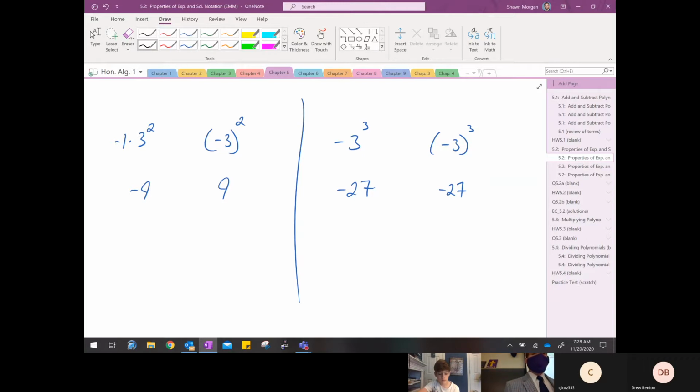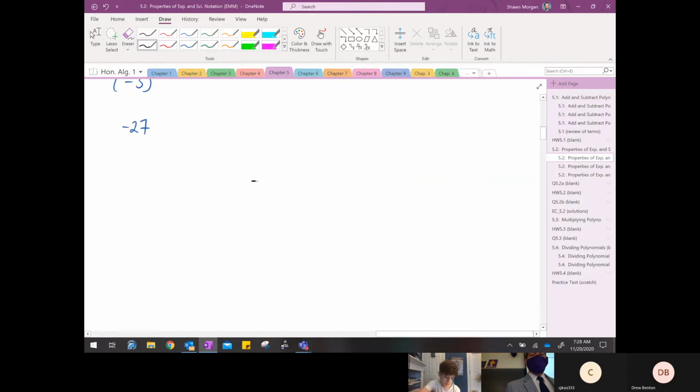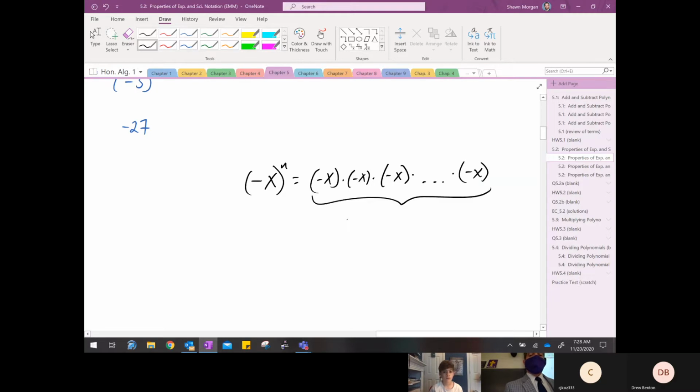So for example, if I said negative x to the n, that's negative x times negative x times negative x times dot, dot, dot times negative x. I don't know how many there are, but I do know how to represent that. There are n factors.